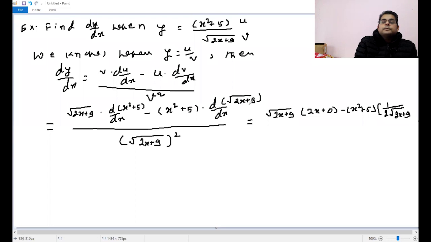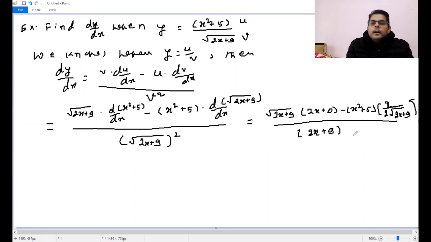The derivative of 2x plus 9 is 2, because the derivative of 9 will be 0, so it's going to be 2 over here only. So this is the derivative of the term under the root 2x plus 9, and the whole thing is given as, now the square root and the square will cancel out, so 2x plus 9 remains here.